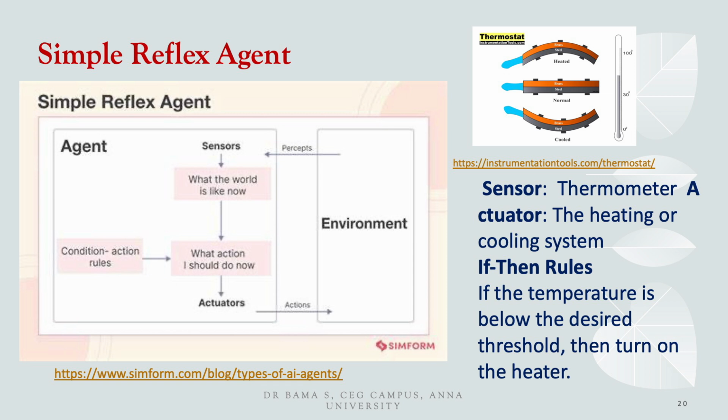A very simple example like this is a part of the simple reflex agent. If we map it, the sensor is going to be the thermometer, the actuator is going to be the heating or cooling system, and the if-then rules are as I said: if the temperature is below or above a threshold, turn on the heater or the air conditioner. So, this is a simple example of a reflex agent.